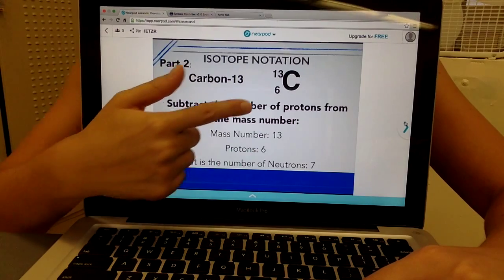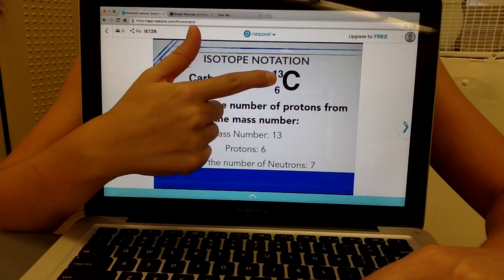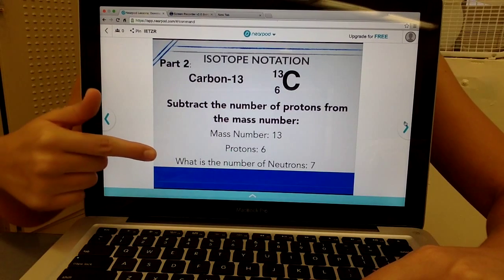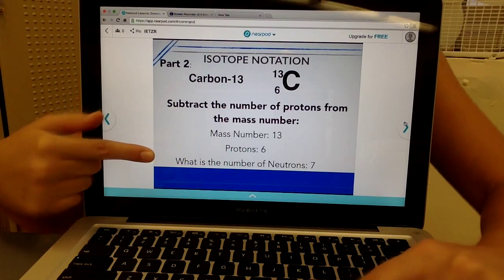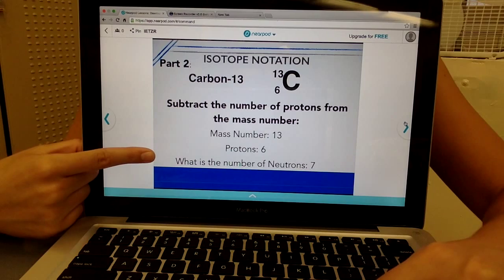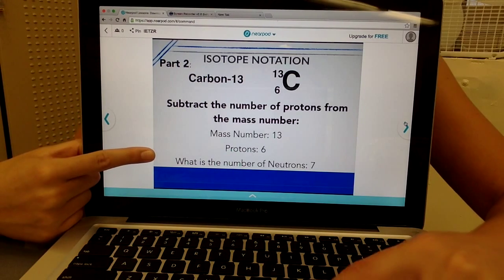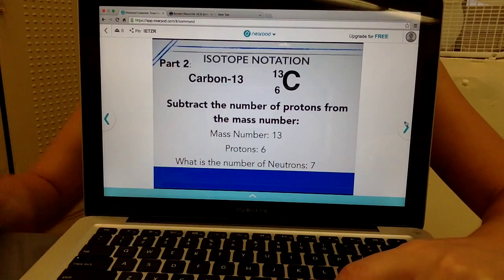You can see here that we do 13 minus 6, and that gives you the number of neutrons, which is 7. This is very similar to the work that we were doing in class on Tuesday when we were figuring out the number of neutrons in an atom.